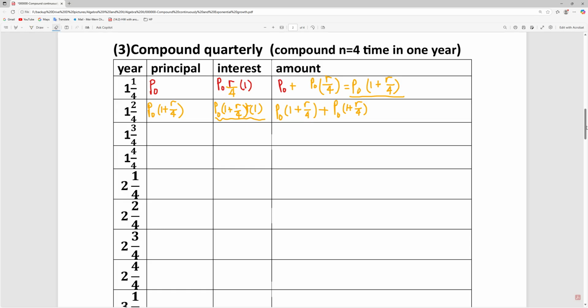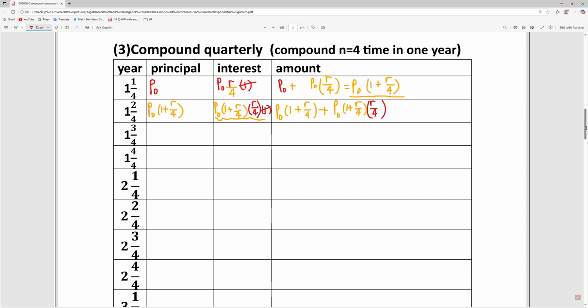Sorry, I need to multiply with the interest rate and then 1 time. Okay. So you have another R divided by 4. Because this is multiplied by 1, you don't need to worry about that.